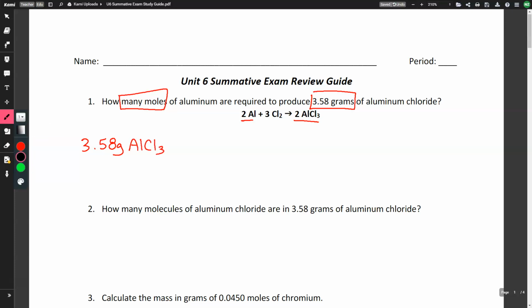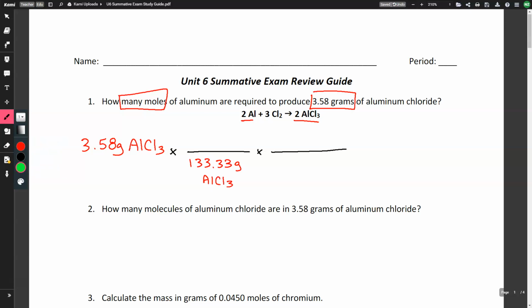Okay, so we're going to need 2 steps. First, we need to convert to moles, and then we need to convert from moles of aluminum chloride to moles of aluminum. So I'm going to need the molar mass of aluminum chloride, and that is 133.33 grams.